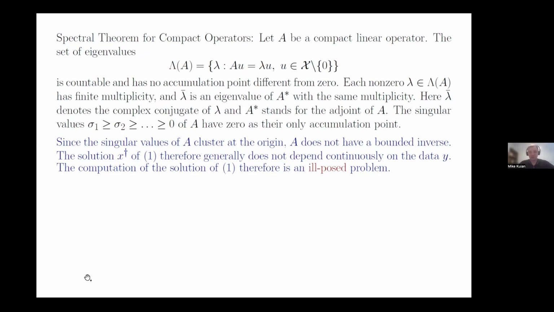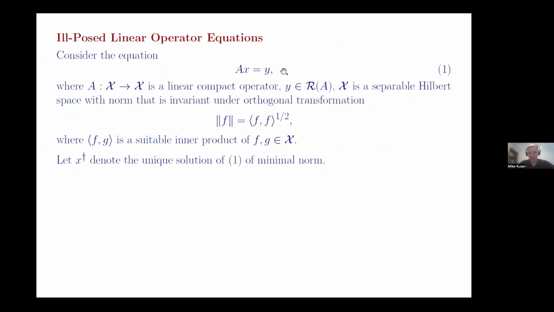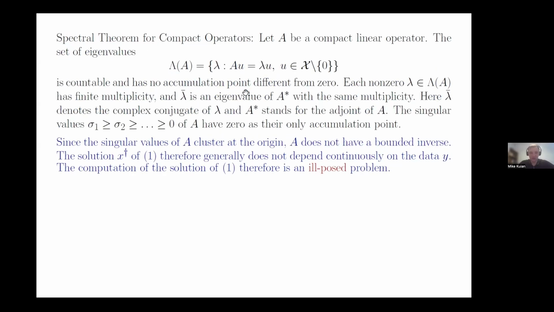This is a big problem. It makes the inverse operator unbounded. If eigenvalues approach 0, the inverse is unbounded, and this makes problem 1 ill-posed.